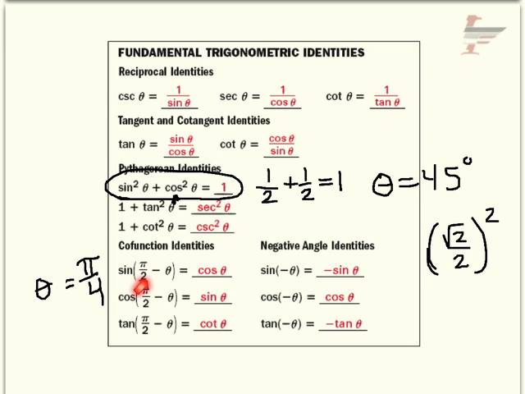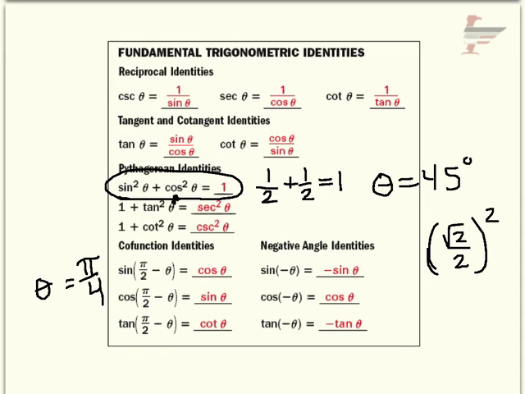Again, 1/2 minus 1/4 is 1/4, and you know the sine of pi over 4 is square root of 2 over 2, and you also know the cosine of theta is square root of 2 over 2. So that's just cool. Same thing here, cosine of pi halves minus theta equals the sine of theta, and you can test it with that again if you want to play around with these.